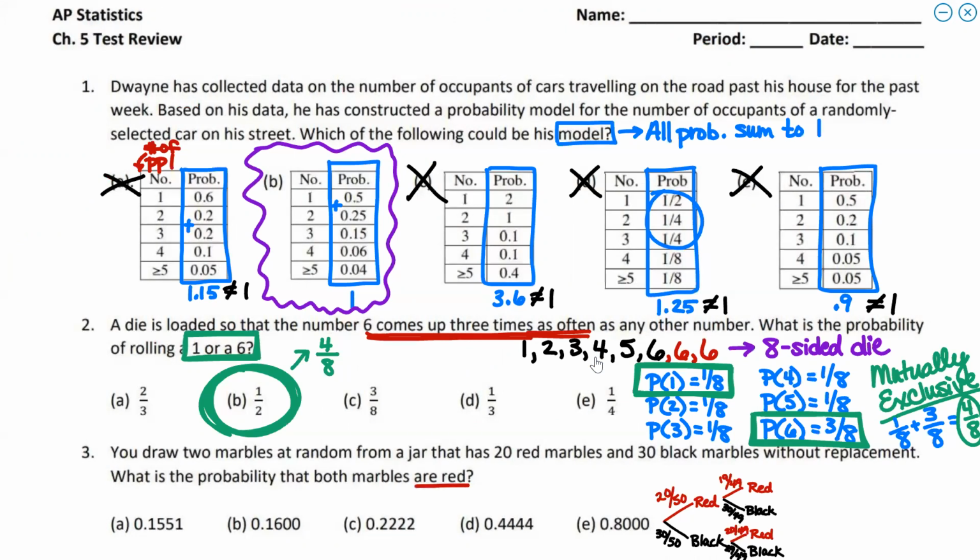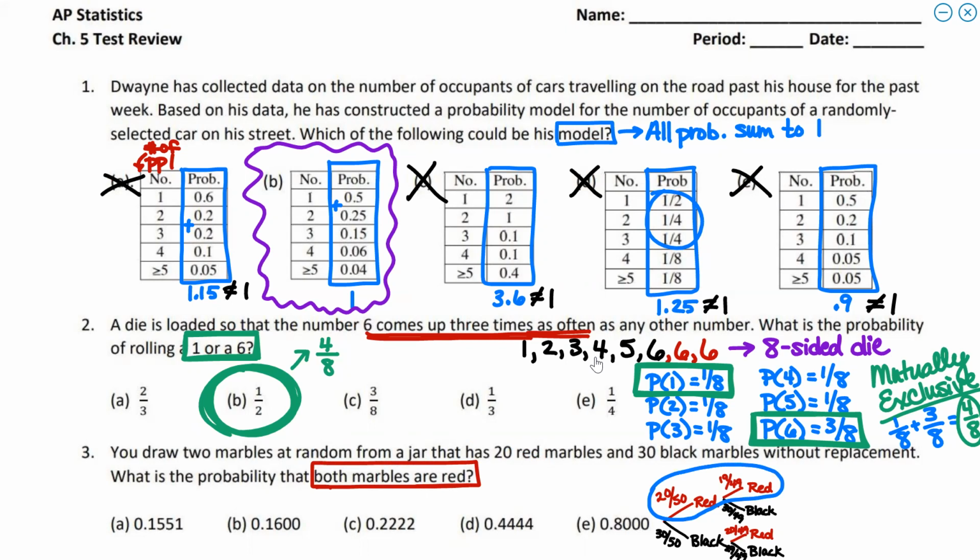Which of these would I follow if I want to figure out the probability that both marbles are red? Which branch should I follow? Top one, right? So this would be red and red.